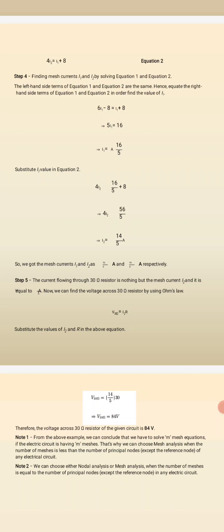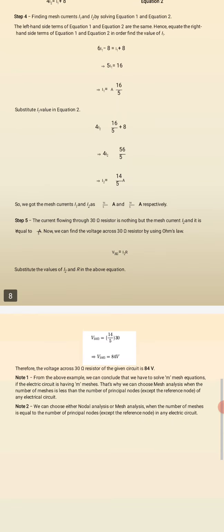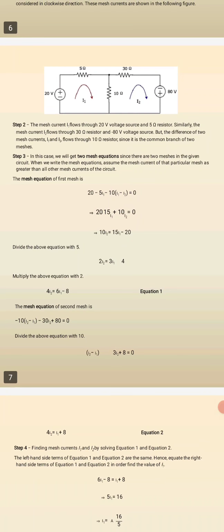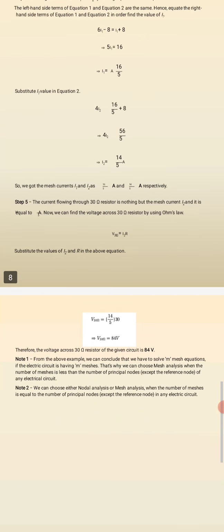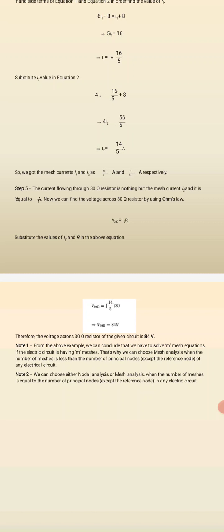So we are going to calculate the voltage across the 30 ohm resistance. According to the diagram, I2 is flowing through the 30 ohm resistance.